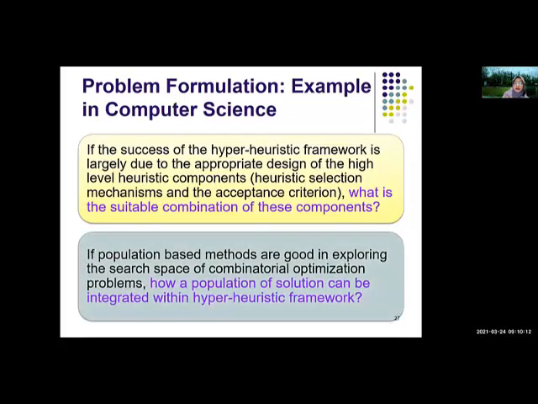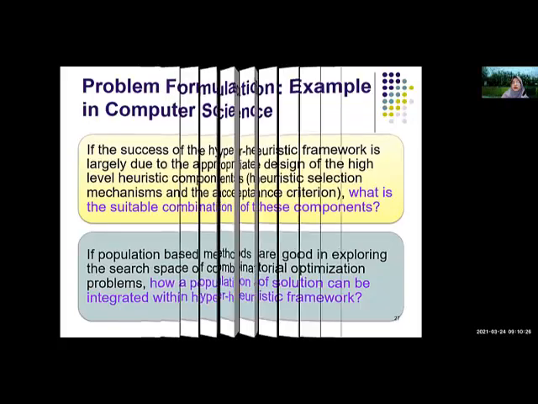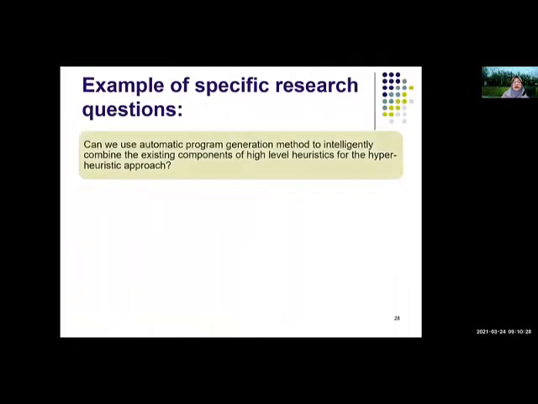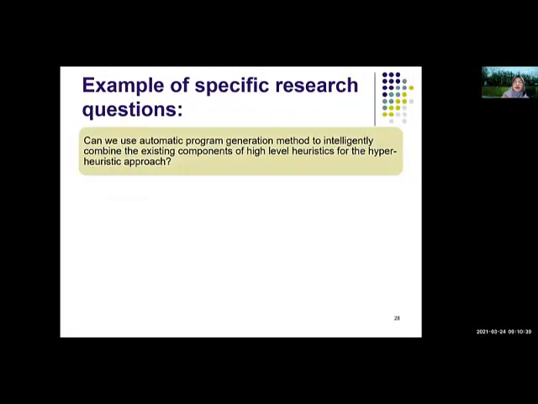If population-based methods are good in exploring the search space of combinatorial optimization problems, how can a population of solutions be integrated within the hyperheuristic framework? Can we use an automatic program generation method to intelligently combine the existing components of high-level heuristics for the hyperheuristic approach?